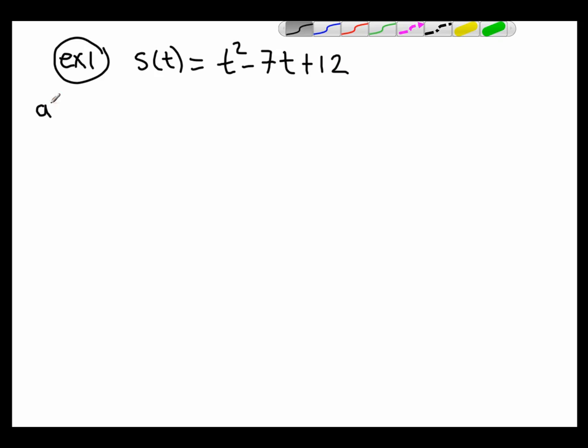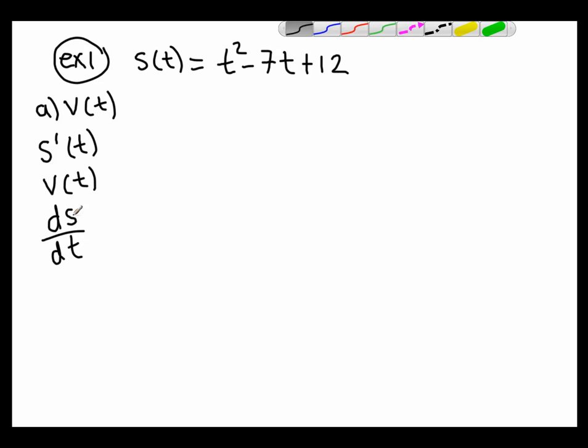I'm going to ask you for the velocity function at any time t. So v of t at any time. The notation that you can use is either s prime of t, v of t, or ds over dt, the derivative of the position function with respect to time. So any of these is okay.